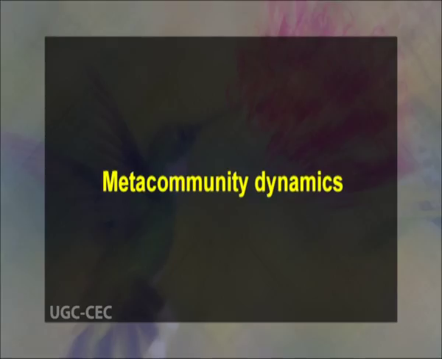Source-sink models describe a framework in which dispersal and environmental heterogeneity interact to determine local and regional abundance and composition. At the end of this lecture, let us learn something about metacommunity dynamics.